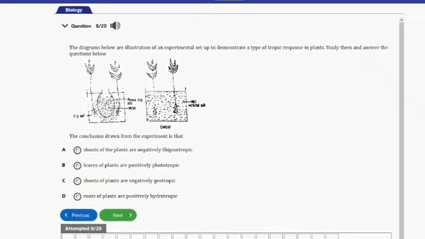B. Leaves of plants are positively phototropic. C. Shoots of plants are negatively geotropic. D. Roots of plants are positively hydrotropic. So guys, the answer to this question here is option D. Roots of plants are positively hydrotropic. So that's it for this question, guys. Let's go ahead and consider the next question.